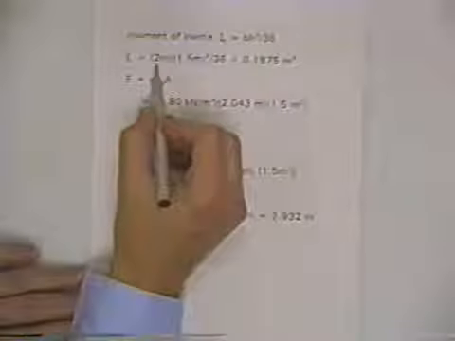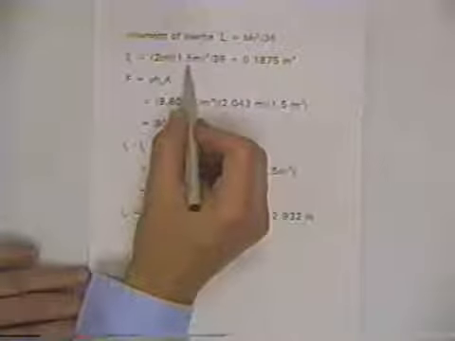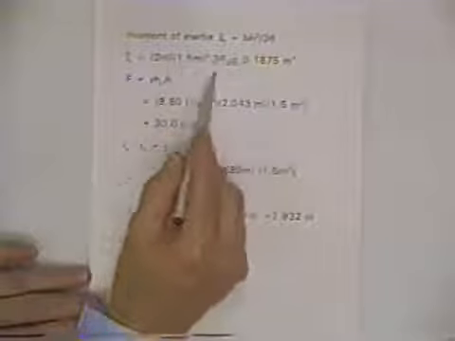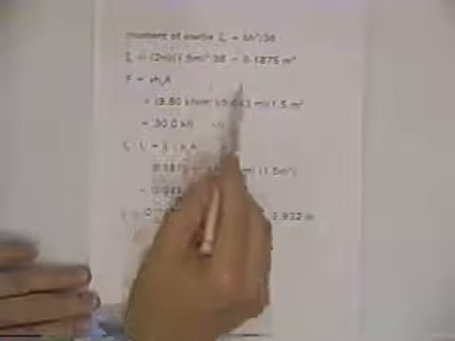The moment of inertia from the table in the reference handbook: we plug in the base and the height of the triangle, and it's the base times the height cubed divided by 36, and that gives us 0.1875 meters to the fourth.